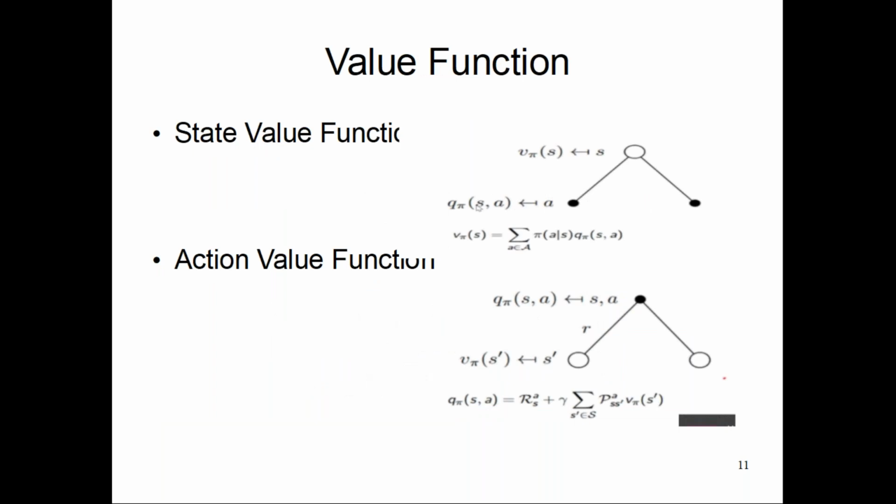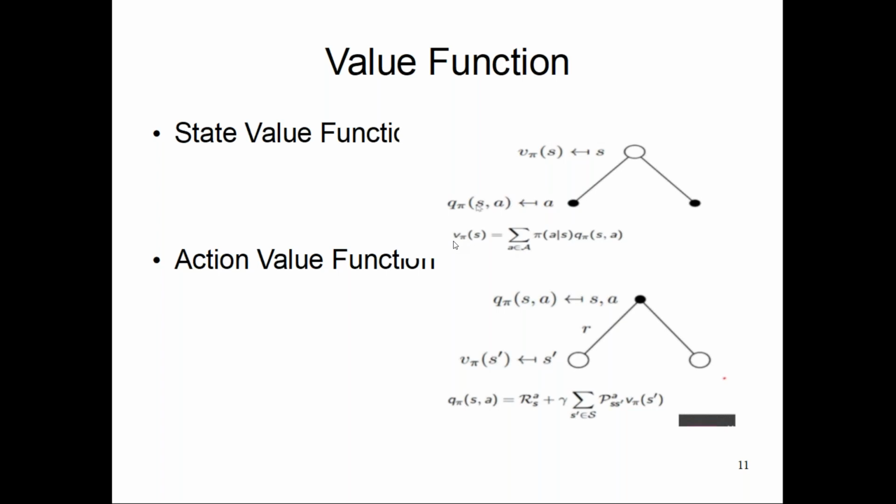Value function, state value function. Now, the lighter circles are the states, and the darker circles are the actions. That means from a given state, for the value function we are trying to calculate, there is a chance you may take action A1 or action A2.